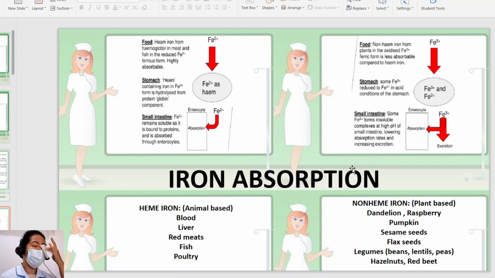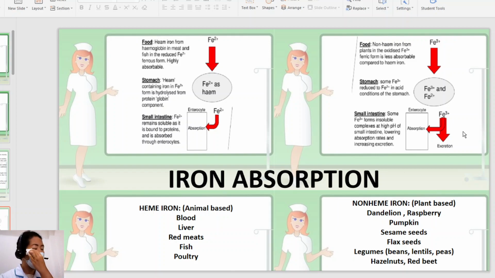When it goes to the stomach, the heme-containing iron in ferrous form is hydrolyzed from the protein globin component. Then it goes to the small intestine. The ferrous remains soluble as it is bound to proteins and is absorbed through enterocytes. These are the samples of heme iron. So these are animal based, like blood, liver, red meats, fish, and poultry.